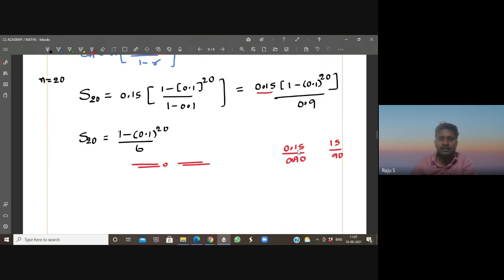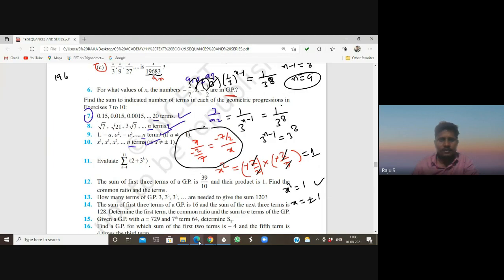Is it clear? Yes, sir. This decimal you can move forward here, after 15. Okay, sir. 15 by 90, simply I have written like this. So this is the sum of the first 20 terms of the geometric progression.